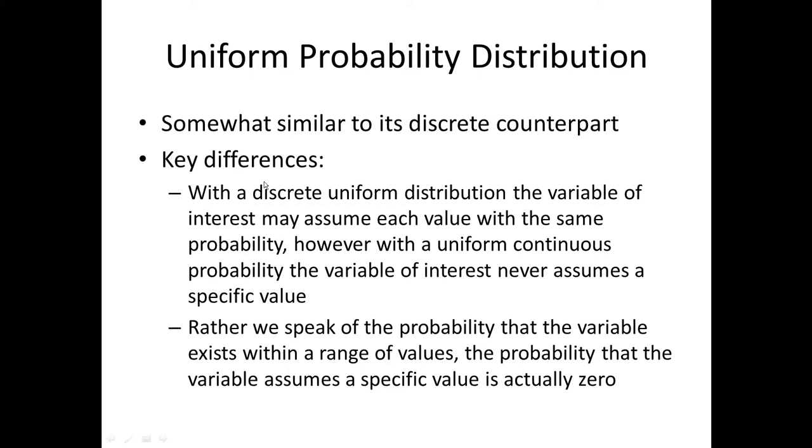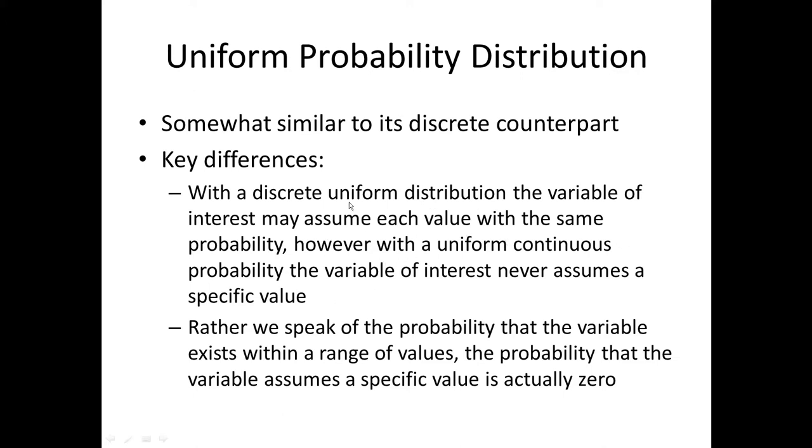So it takes on any value within a range of values. If you've got equal intervals within a range of values, then you have the same probability that the value lies within that interval, but it never actually assumes a specific value.